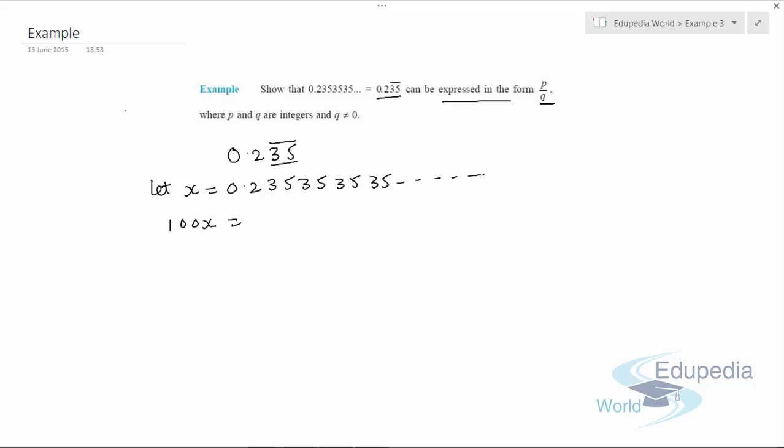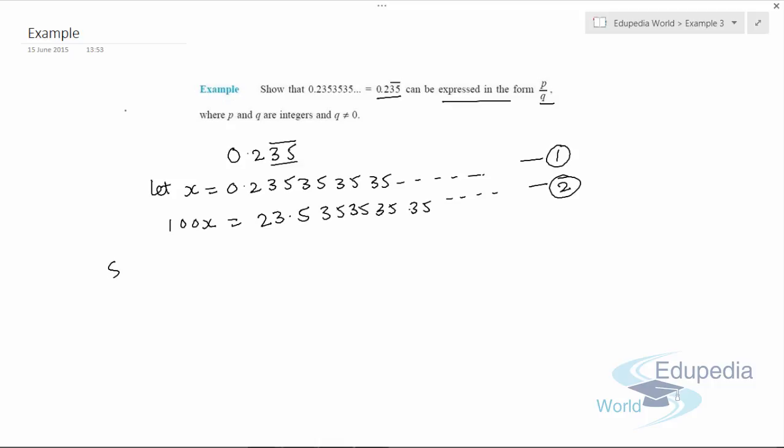So we get 23.5 35 35 35. Now here comes the tricky part. This becomes the first equation, this becomes the second equation.